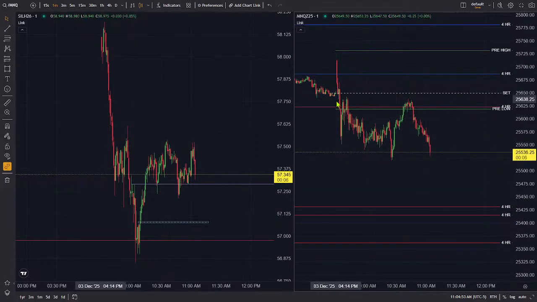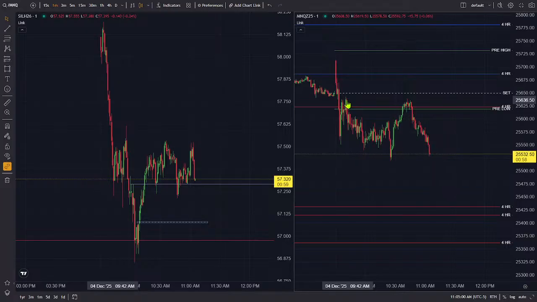Opened with a gap up, filled it, attempted to push higher, failed. Those are a target for later. If you traded the equities yesterday, you saw some crazy movement, and that's why I absolutely refuse to get involved until I see exactly what I want to see.